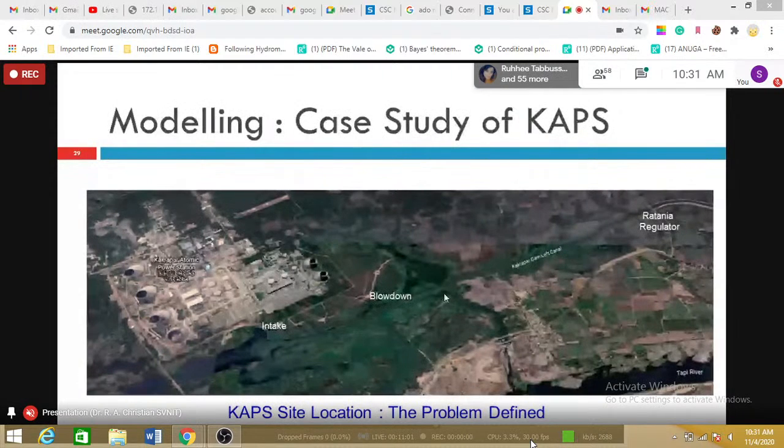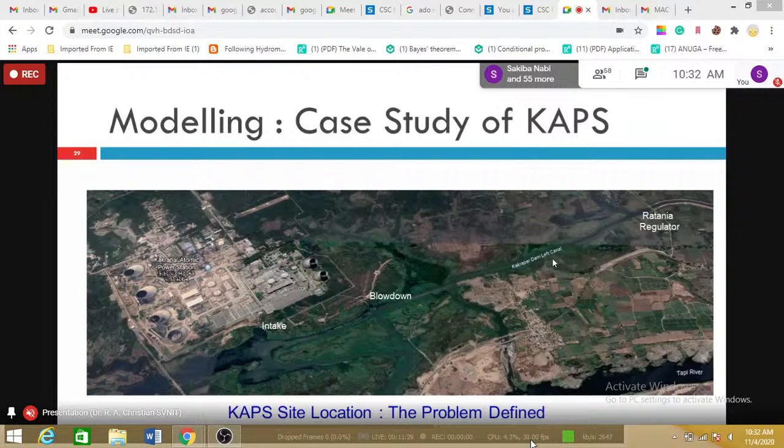This is the Kakrapar Atomic Power Station, and here you have the problem. I'll explain what the problem is. These are the cooling towers, and the atomic reactor is here. Now, the atomic power station discharges its wastewater into the environment.